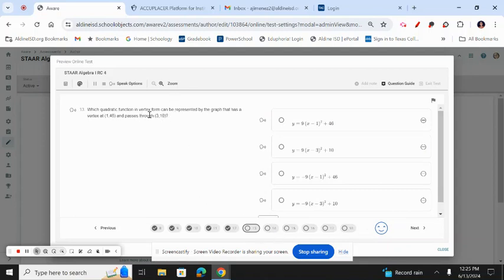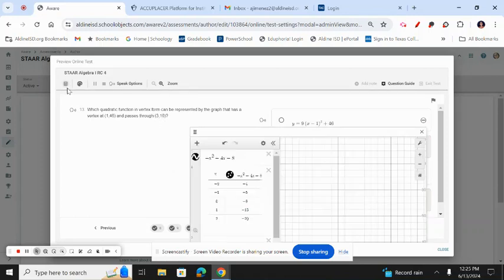It says it wants us to write the function that has a vertex at 1, 46. So that means that 1 is going to be on the inside, 46 is going to be on the outside. So this one gets taken off, and so does this one. I have these two left. So I'm going to type them into Desmos and see which one's going to give me 3, 10.